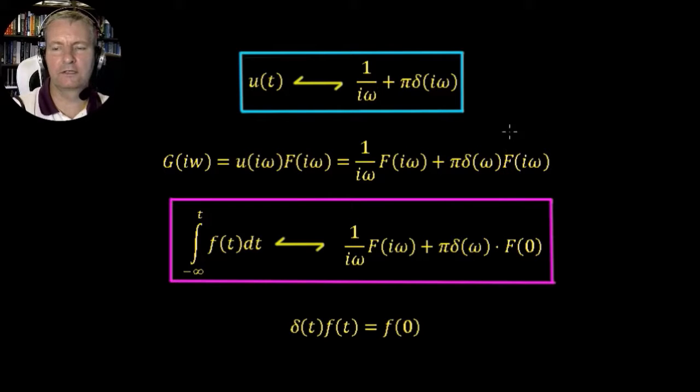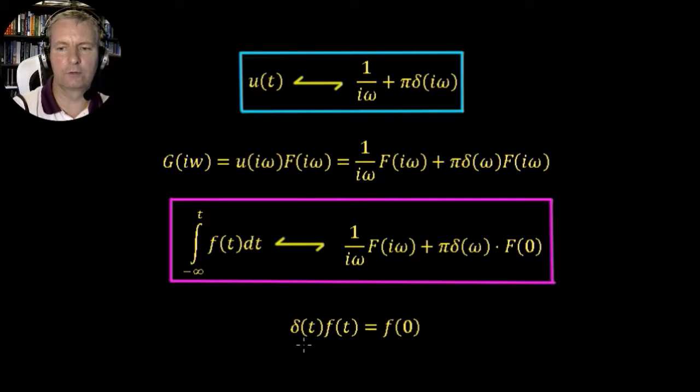Now this last term, delta omega F of i omega: well, the delta function is only defined at point 0. So if we multiply that by a function, then from the shifting property, delta omega F of i omega is the same as delta omega F of 0.